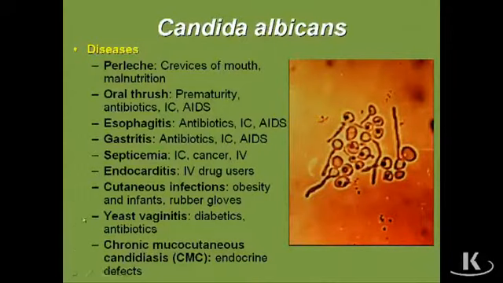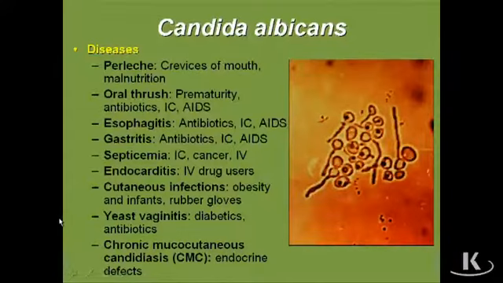Vaginitis, very common. We talked about Gardnerella in Chapter 2 causing bacterial vaginosis, but in addition to getting BV post-antibiotic therapy, you're also highly susceptible to a yeast infection as well, because when you disturb that normal flora, the yeast are just going to thrive. The most severe of the Candida infections is something called chronic mucocutaneous candidiasis.